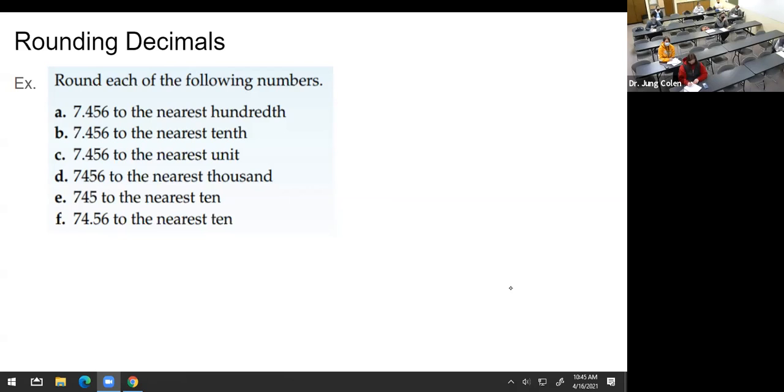So when you're looking at all of these numbers on the number line, for example, let's go back to the first number, 7.456, and we rounded this to the nearest hundredth, and we got that as what? 7.46. I'm sorry, I said thousandth.